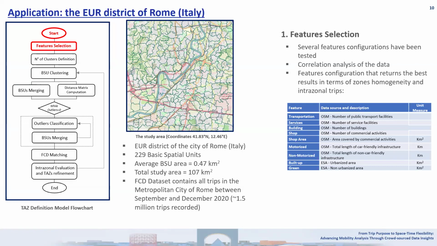This might change according to the objective of our study or of our study area. In our case, there is information about public transport facilities, services in the areas, number of buildings and areas built up, number of commercial activities, the total length of car-friendly and non-car-friendly road infrastructure, so bike lanes and pedestrian streets, and also the amount of green areas.